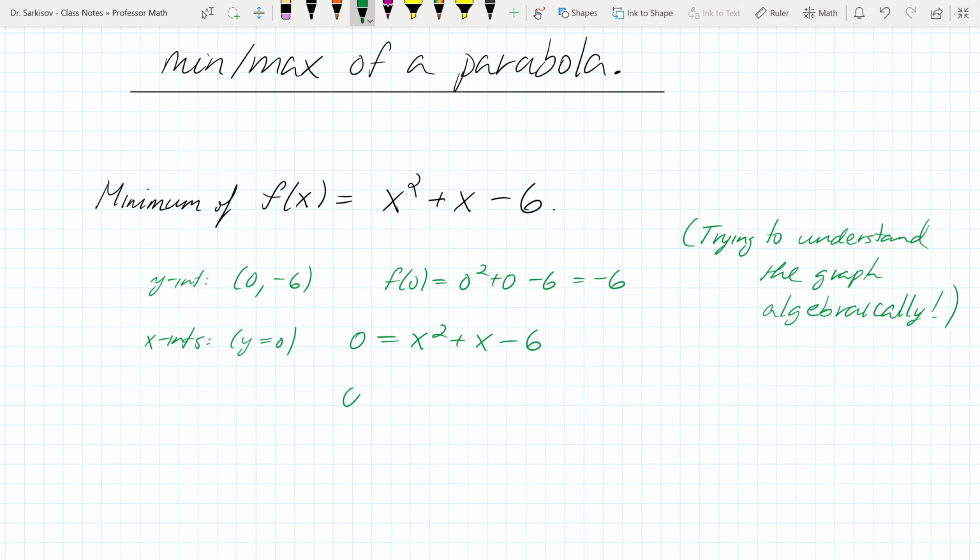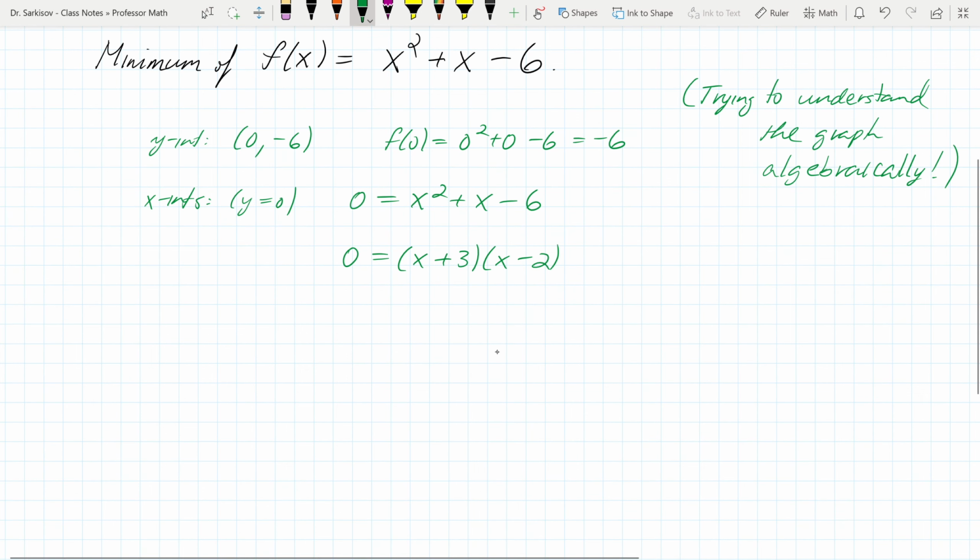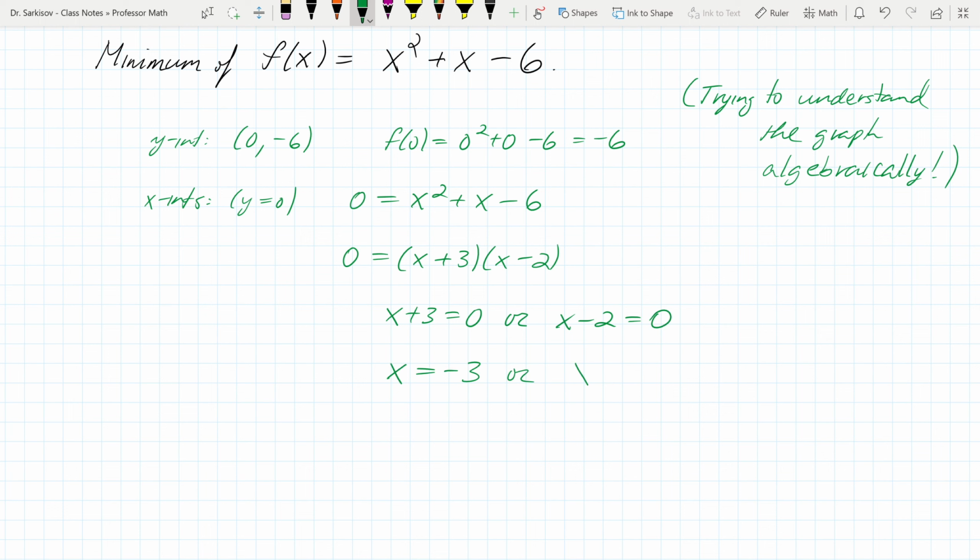We can factor this: 0 is equal to x plus 3 times x minus 2. By the zero product property, something times something is 0, so one of them has to be 0. So x plus 3 is 0, or x minus 2 is 0, meaning x is equal to negative 3, or x is equal to 2.